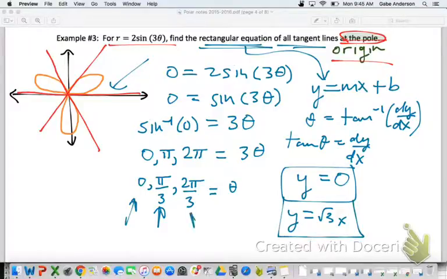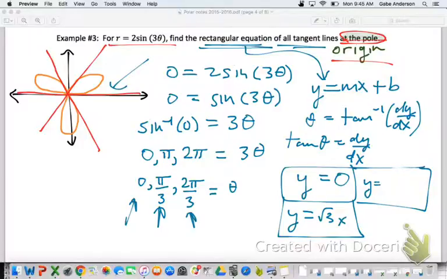And then finally, what is the tangent of 2 pi over 3? Negative root 3. Okay, so y equals negative root 3x. So there are those 3. That negative kind of got buried in there. Let's fix that. Let's just start over again.